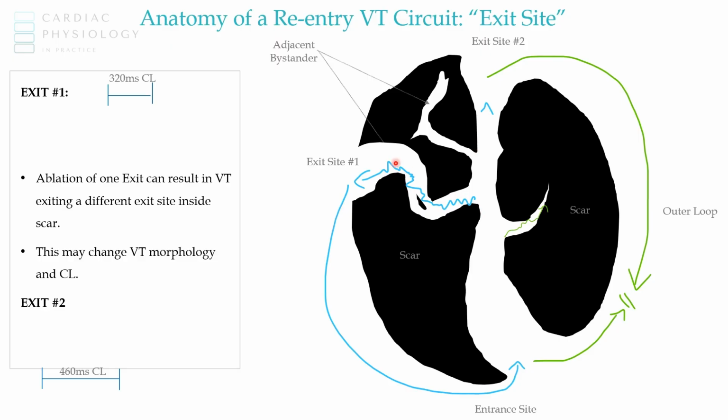So now you can imagine that VT rotates around this way, because this is a much shorter rotation than this, right? So this would now be the dominant VT morphology. So this will be the dominant VT reentrant circuit.